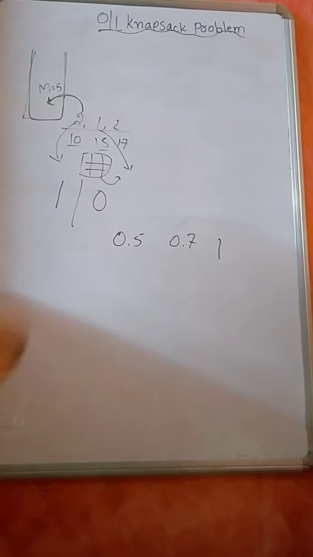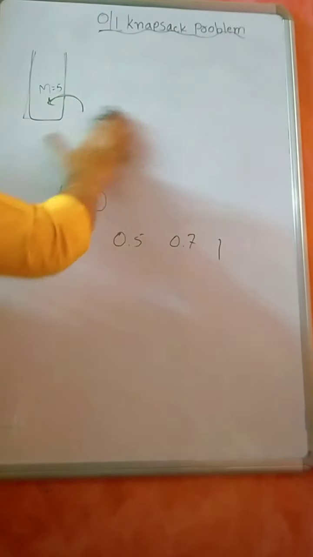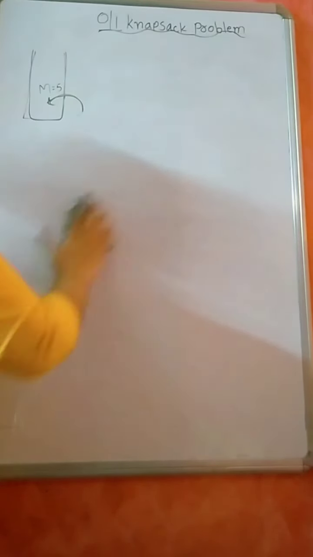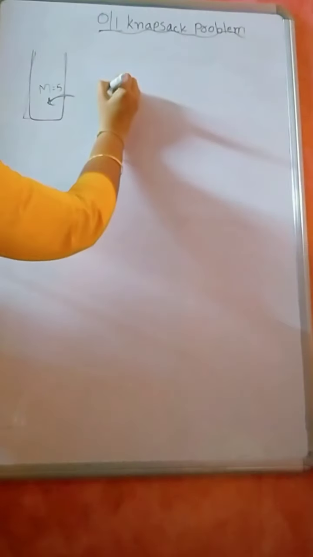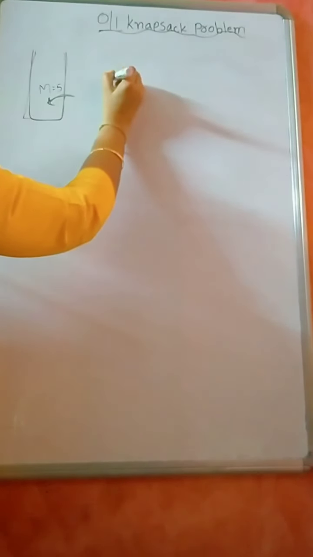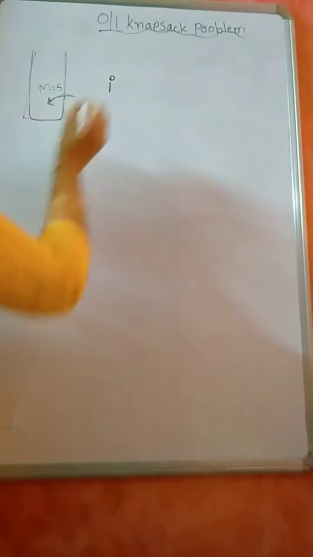Now I will start with the 0-1 knapsack problem. Let us consider that we have i objects. i is the ith object and j is the remaining capacity. Wi represents the weight of the ith object and Pi represents the profit of selecting the ith object.